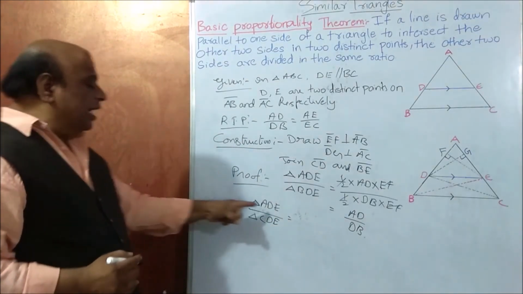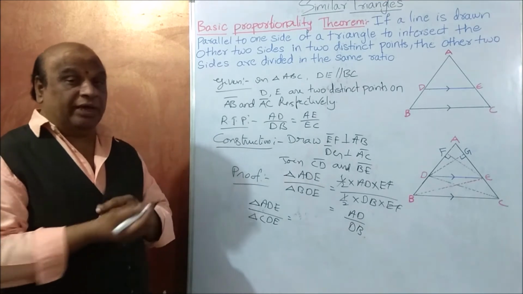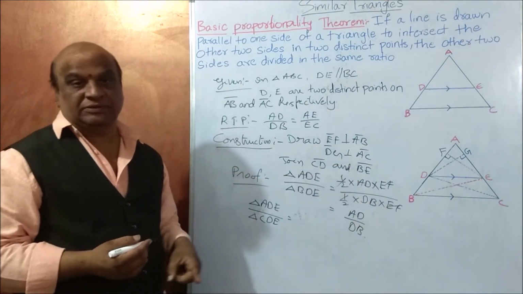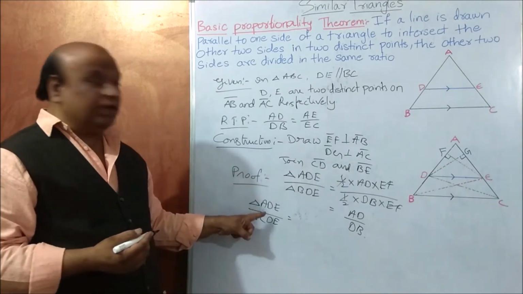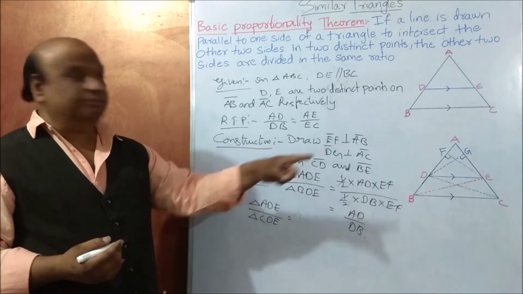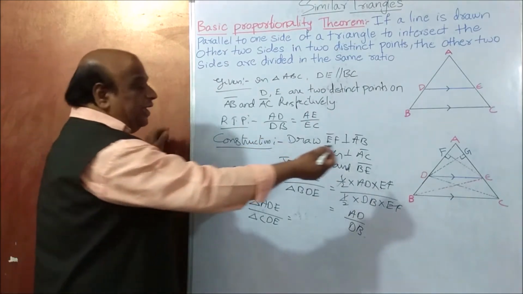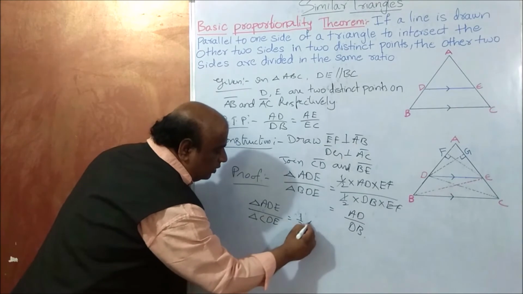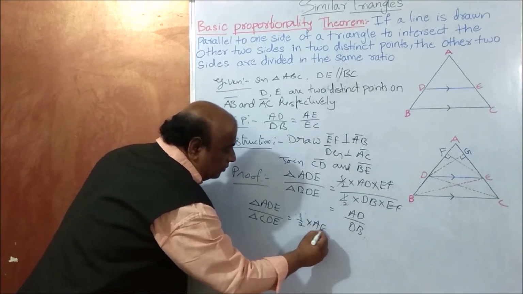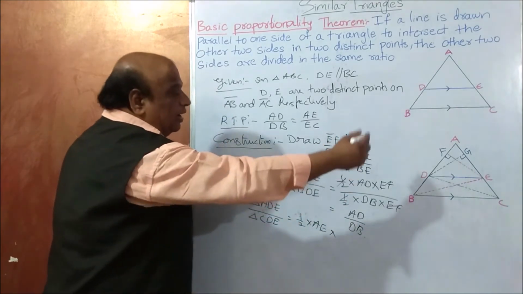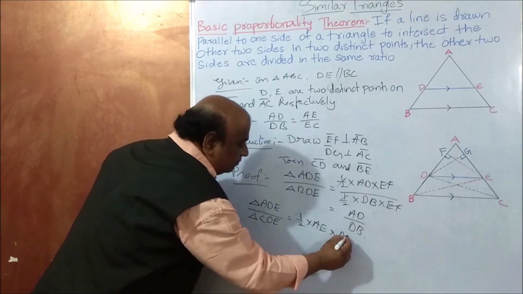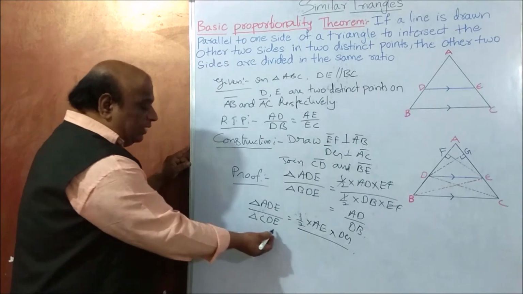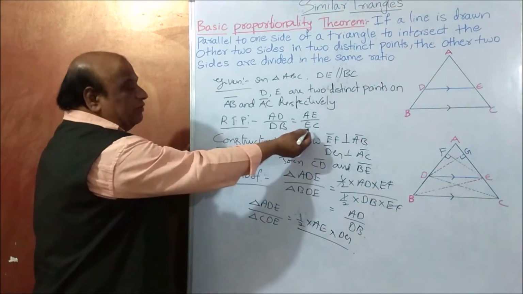Now, in triangle ADE, which one do we have to take as a base? In this case, we are taking AD as the base. But in this case, we require AE. So, you should take AE as the base, half into AE into, what is the perpendicular line here? DG, by, here CDE, which one is required here?